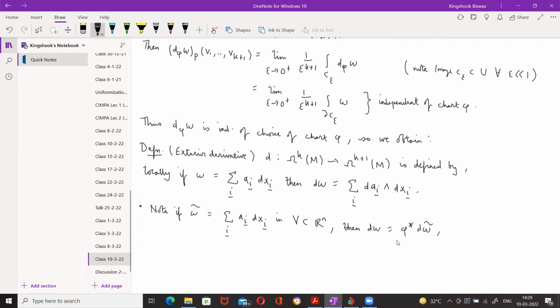So if I look at d of d omega, then by definition, this will be phi star of d of d omega tilde.